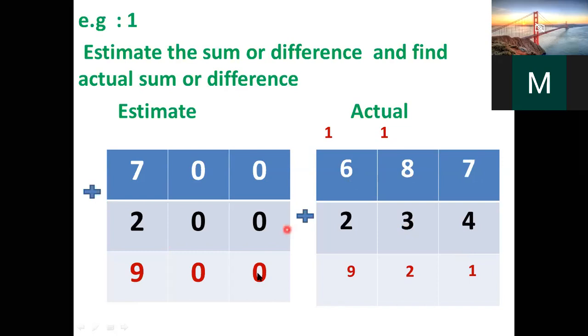Next, add: 0 plus 0 equals 0, 0 plus 0 equals 0, 7 plus 2 equals 9. So the estimated sum is 900 and the actual sum is 921.